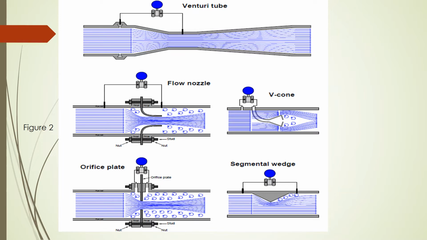The fluid will come from the inlet, pass through the constriction area, then go out from the outlet. As you see in the figure, there will be a linear change in the acceleration. This will cause a change in velocity and a change in pressure. We will get high pressure at the inlet and low pressure at the outlet.